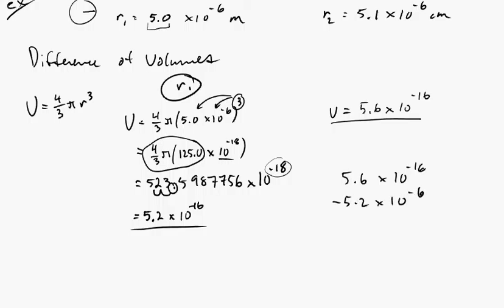Now, by the way, the only reason I could just subtract right away is because these are both 10 to the negative 16, which means they're the same order of magnitude. And so if I subtract, I get 0.4 times 10 to the negative 16. Now this means I have to move the decimal back here. So it's 4.0 times 10 to the negative 17. Sorry, this should have stayed the same as 16.